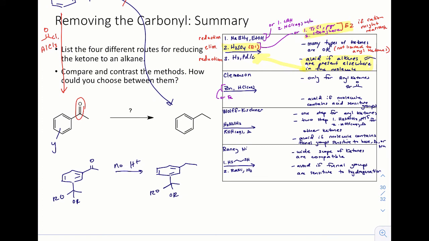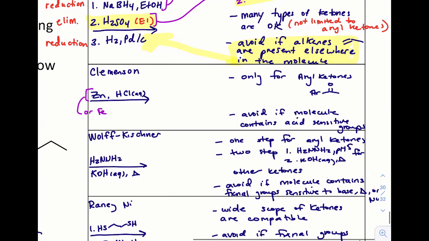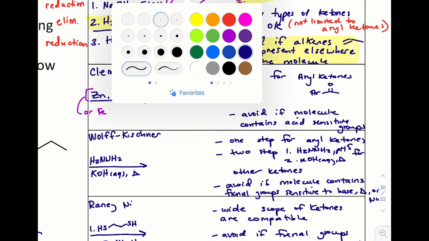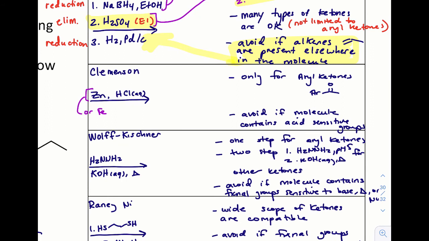Or you might use the Wolff-Kishner we're about to discuss, which is basic conditions, or these hydrogenation conditions, perhaps, although that might also be tricky for reasons that you can think about. So for the Clemmensen reduction, only for aryl ketones and avoid if the molecule contains acid-sensitive groups like acetals or alcohols.